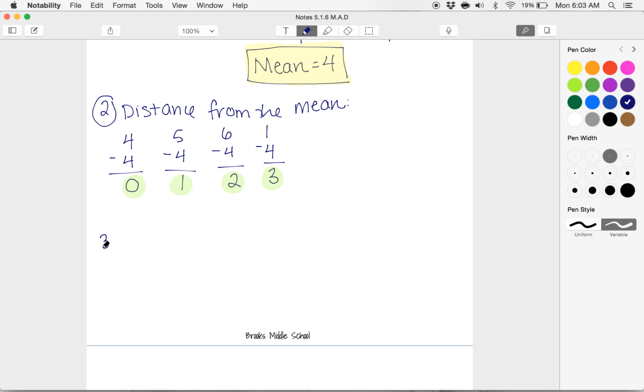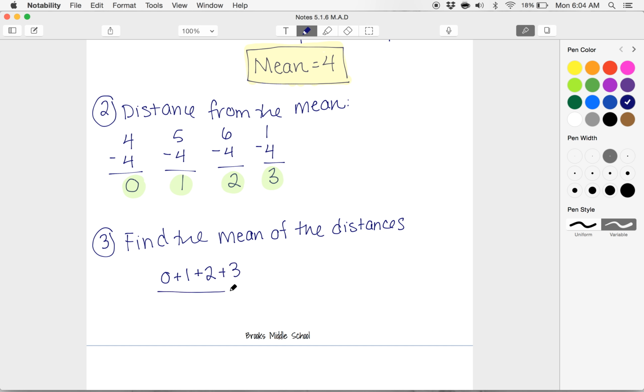And my last step, find the mean of the distances. So I'm going to add them up. 0 plus 1 plus 2 plus 3 divided by 4.